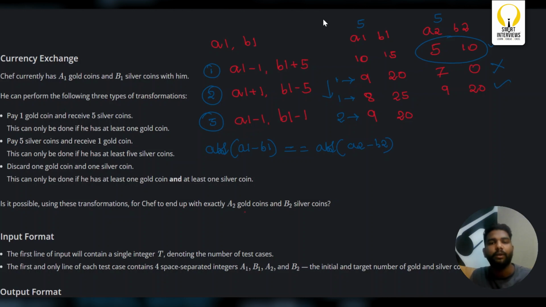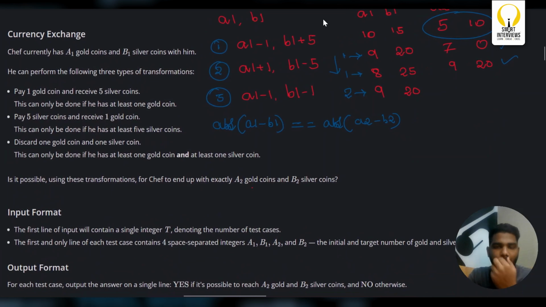I can definitely convert A1 B1 to A2 B2, right? If not, I need to check whether I can perform operation 1 or operation 2 or operation 3 to satisfy that.